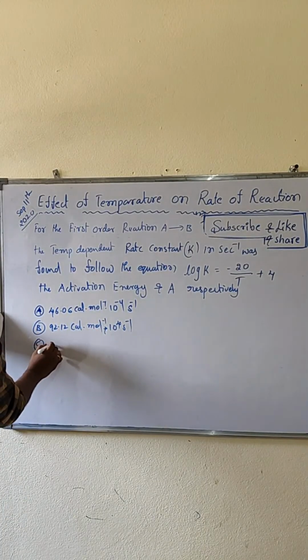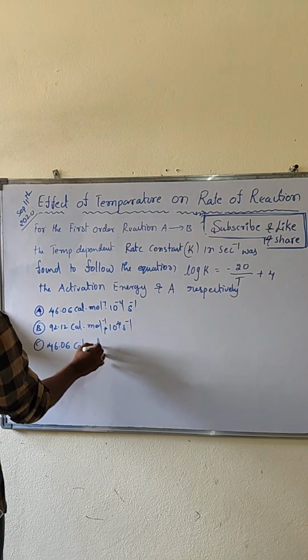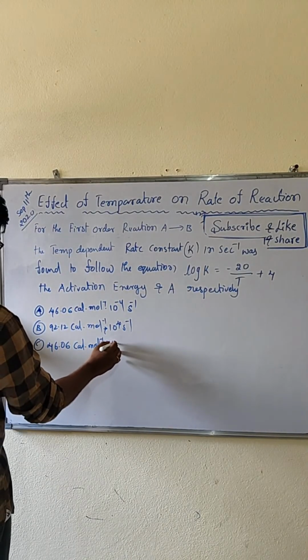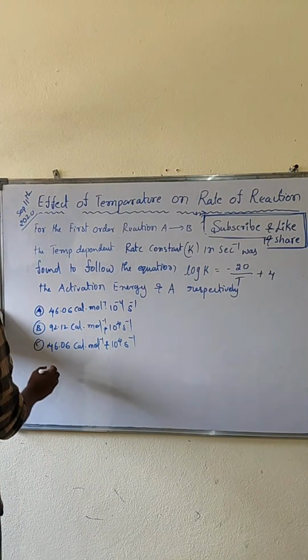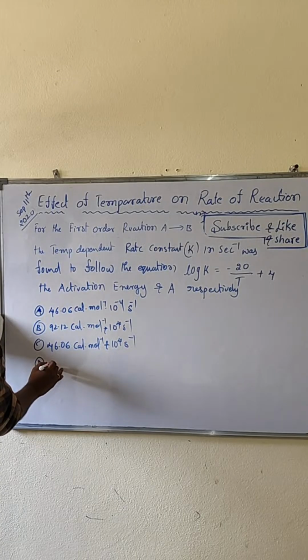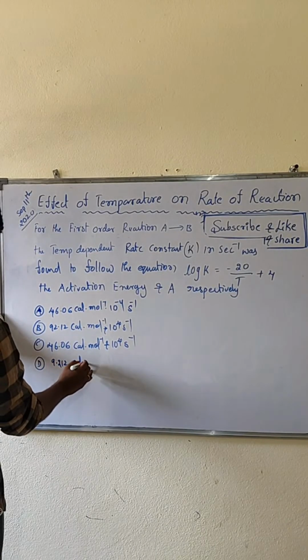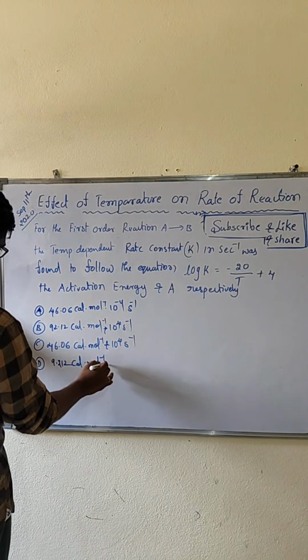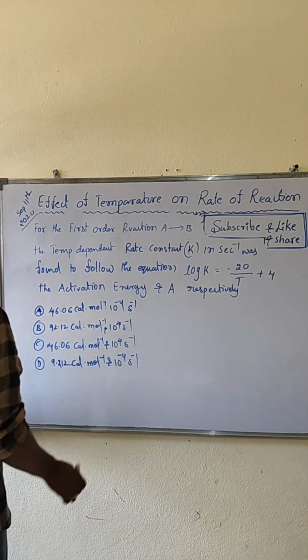Then C, 46.06 calories mole inverse and 10 to the power of 4 second inverse. Then D, 9.212 calories mole inverse and 10 to the power of minus 4 second inverse.